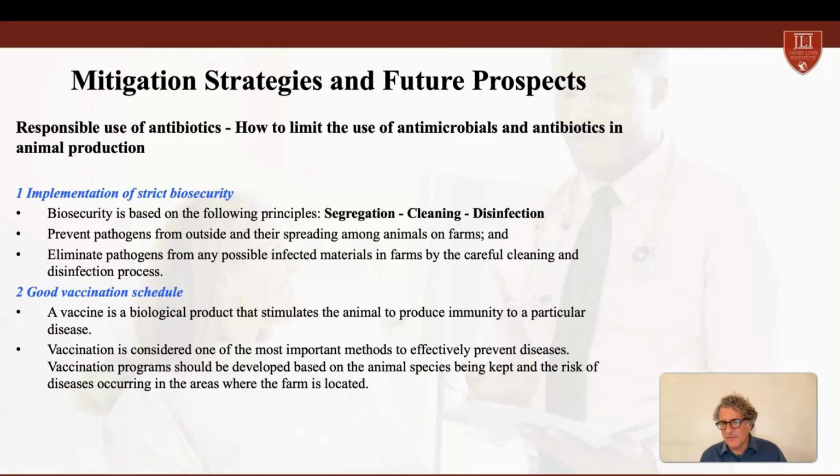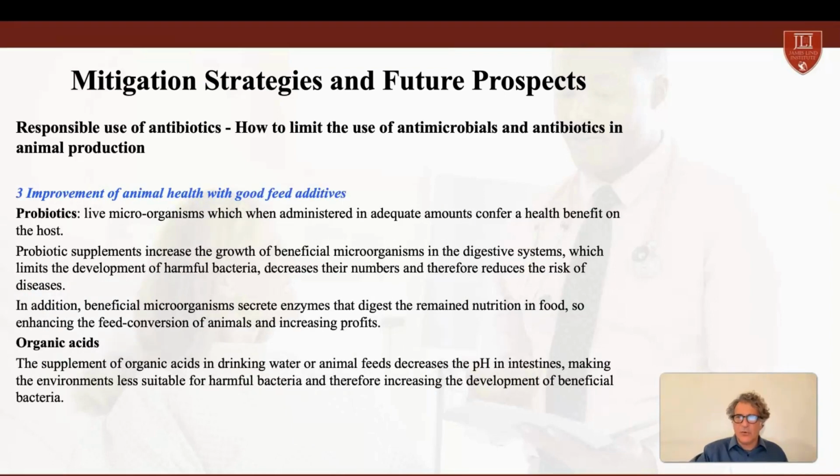If we can prevent and reduce disease, of course we don't need to give animals an overuse of antibiotics, or maybe don't use antibiotics at some specific periods, because if the animals are in good condition, this reduces the demand and the amount of antimicrobials given to the animals. So vaccination is another measure to control, prevent, and reduce the overuse of antibiotics.